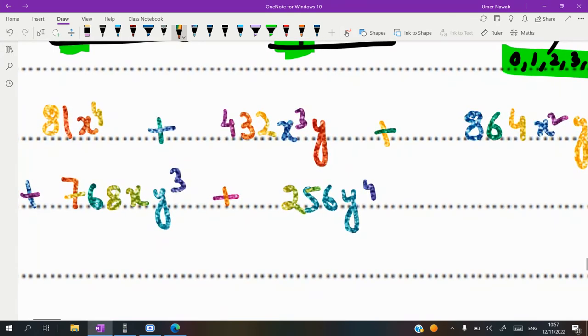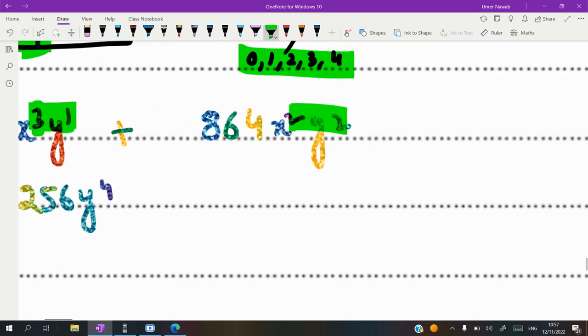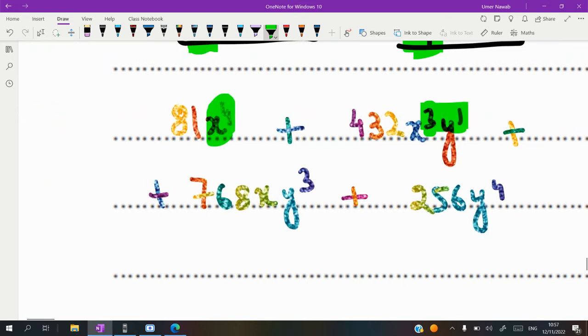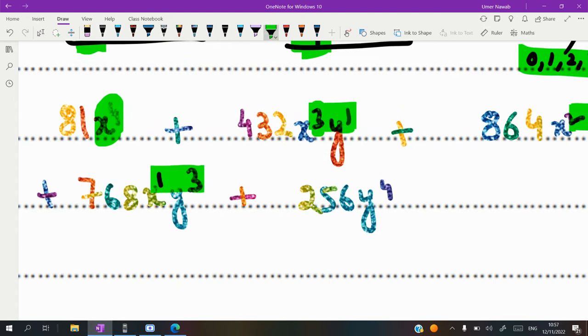The interesting thing in the expansion is this power is 4. This power is 1. So can you add the powers? 3 plus 1 is also 4. 2 plus 2 is also 4. And 1 plus 3 is equal to 4.